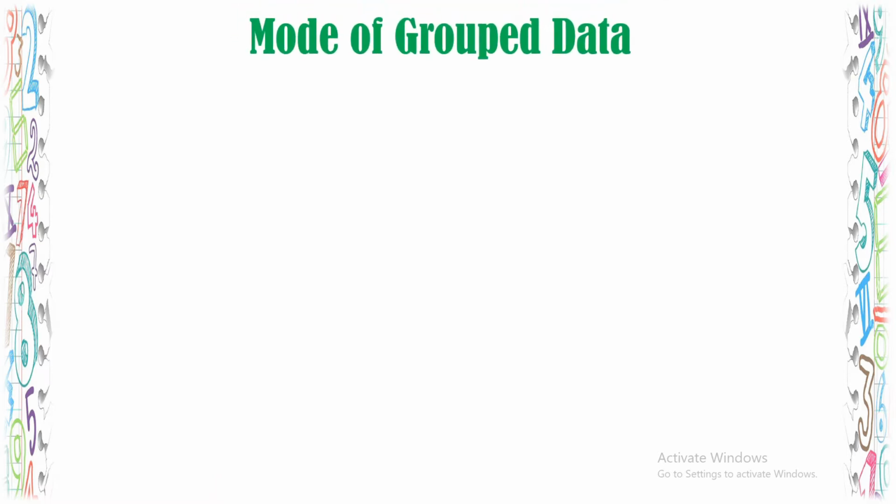Last time, we discussed how to find the mode of grouped data. And in order for us to solve for it, we have to identify the modal class. Now, can you still remember how to find the modal class of a given grouped data? Very good.